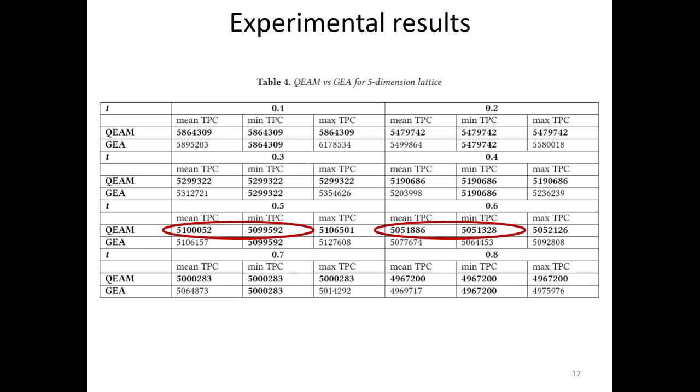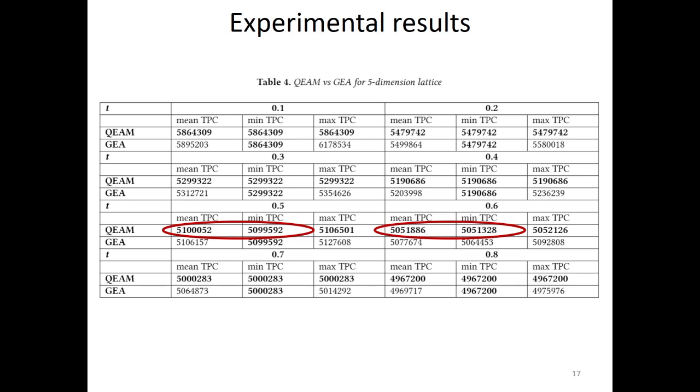To investigate further the performance of QEAM, we tested it against the genetic algorithm. To compare the two algorithms, we used statistical indicators such as minimum TPC, maximum TPC, and mean TPC. By observing the 5-dimensional lattice, we can notice that the QEAM algorithm outperforms the genetic algorithm for all thresholds.